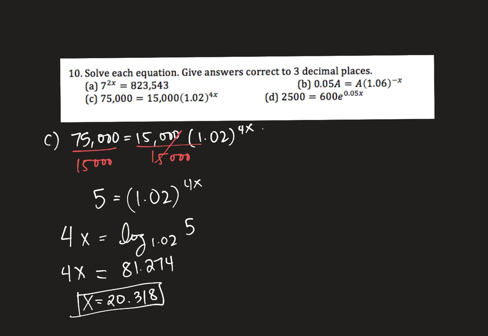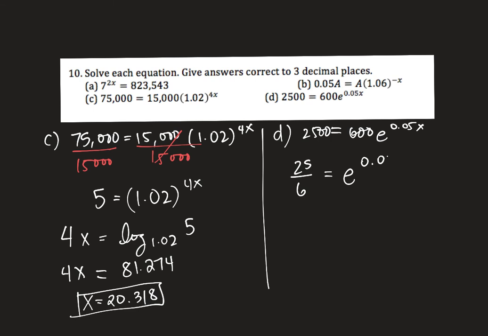Okay, last example, we have letter D. 2,500 is equal to 600e raised to 0.05x. So again, I'm going to move that 600 to the other side. 2,500 divided by 600 is going to be 25 divided by 6. I might leave it as a fraction for now. e raised to 0.05x.